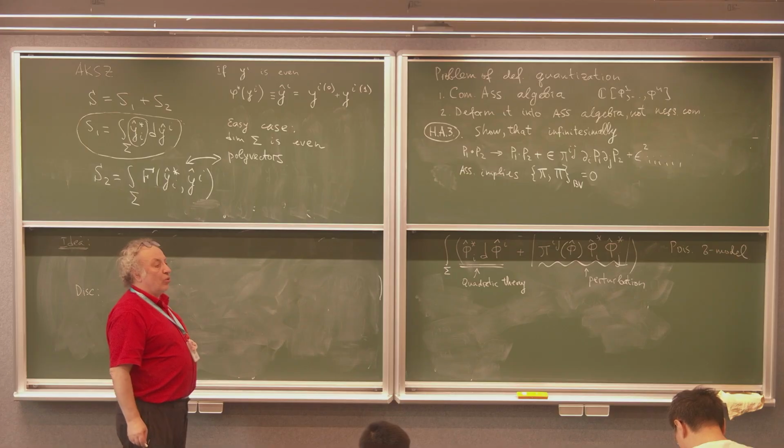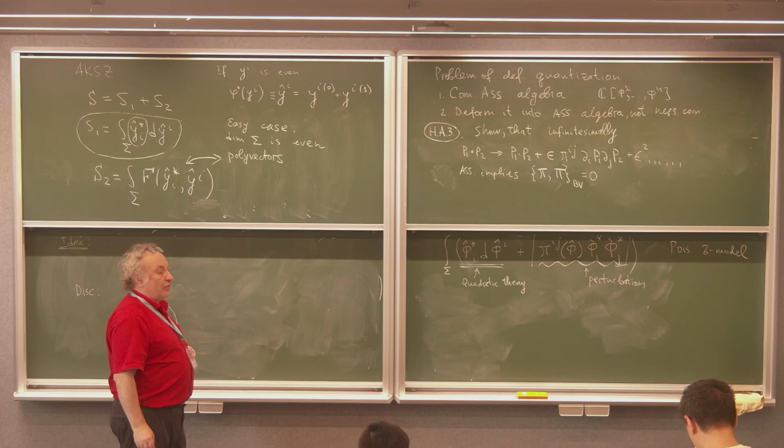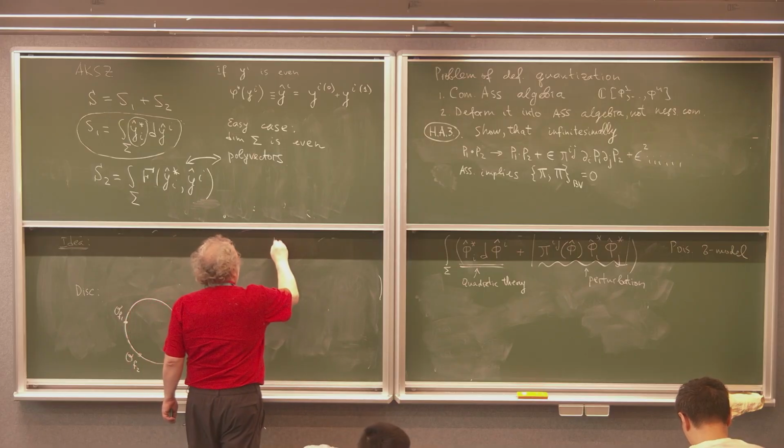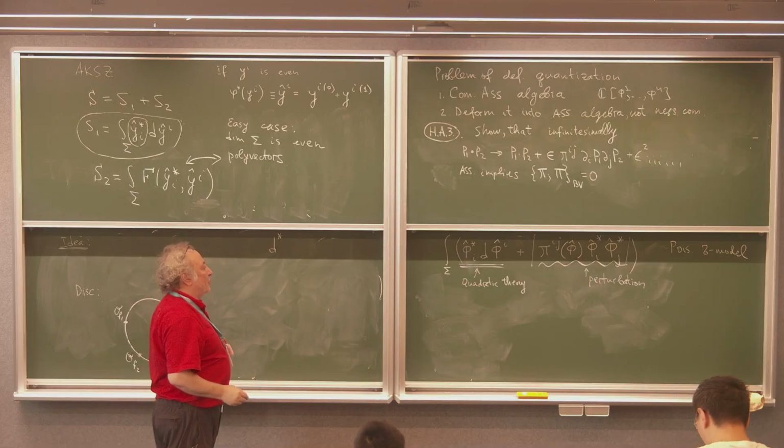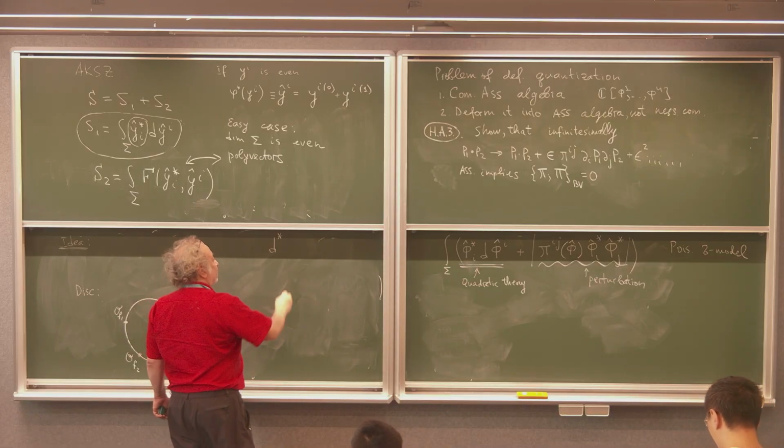But we need to do a gauge fixing. So what kind of gauge fixing would we like to do? We would like to do the same gauge fixing as we already studied.